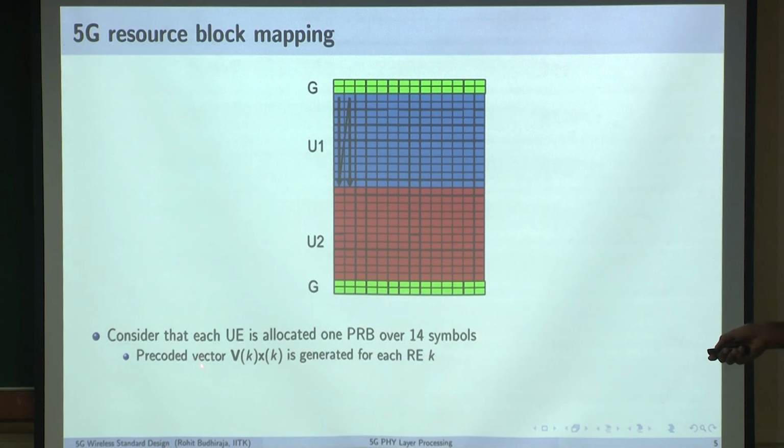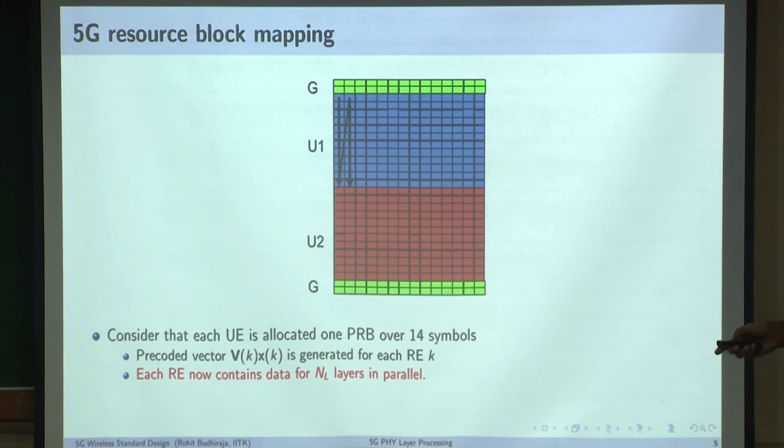So this precoded vector, V_k of x_k, is generated for each RE, and over each RE it's a 64 cross 1 vector because it is a 64 antenna system. Now look at this, each RE contains data for NL layers in parallel.